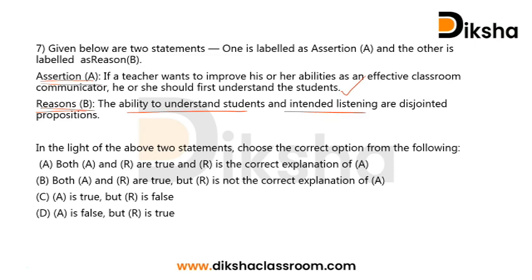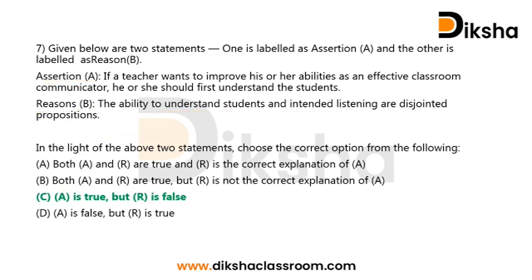Because listening effectively to people will give more information and better understanding about the individual, in this case about students. So the ability to understand as well as intended listening is interrelated, not unrelated. So we can say the reason is a false statement. So the answer will be assertion is true and reason is false. Answer option C.